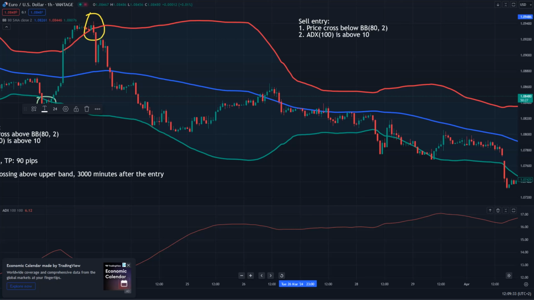And this is basically our entry strategy for the sell trades. And as you can see here, it is a great entry. And our exit rules, we have a 90 pips SL and a 90 pips TP.